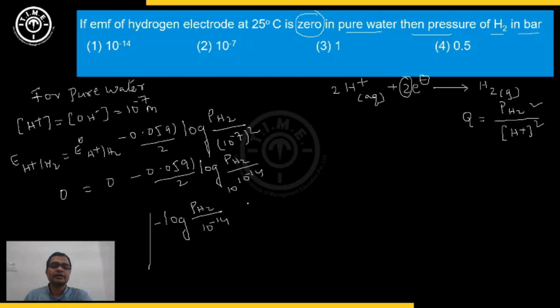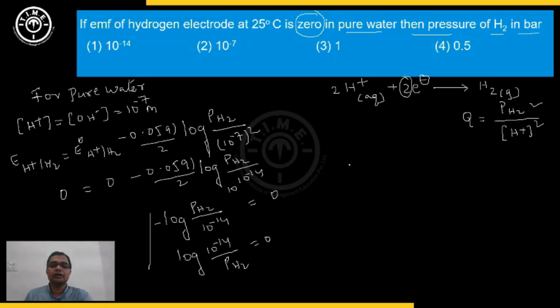Minus, if you take, this value is equal to 0. So log of 10 to the power of minus 14 divided by partial pressure of hydrogen is also equal to 0. I have moved it to the numerator, and this one, 1 by pH2 by 10 to the power of minus 14, is also equal to 0. Minus becomes plus.